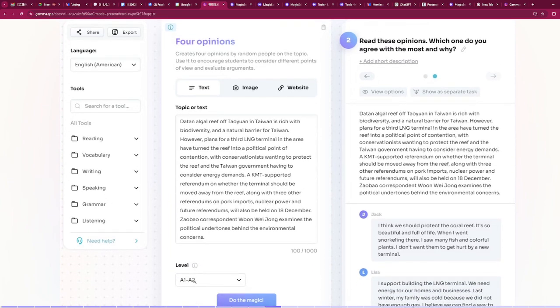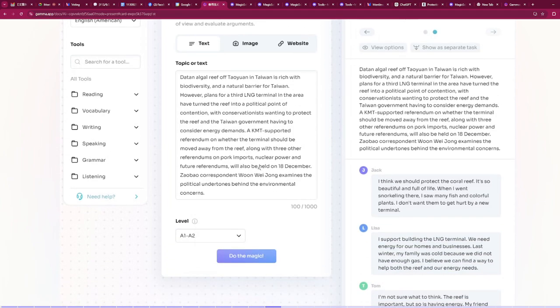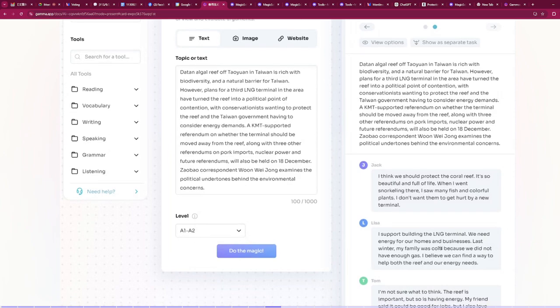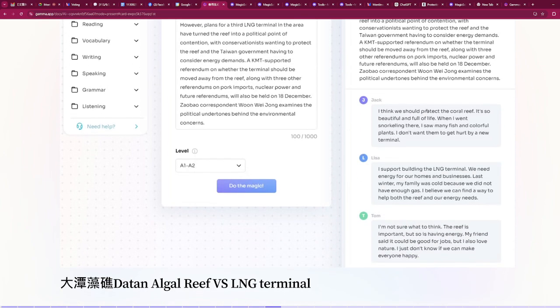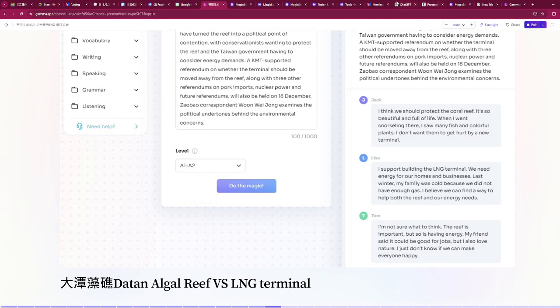But notice here I could select A1 to A2 level, where it could simplify and turn it into 5 opinions for us, so that students could choose whether they agree with a certain opinion. So that's the Twee that I would use for this Datan Algal Reef LNG terminal.